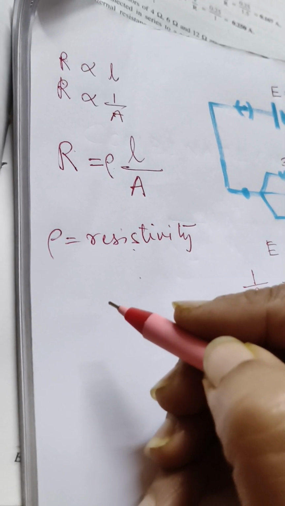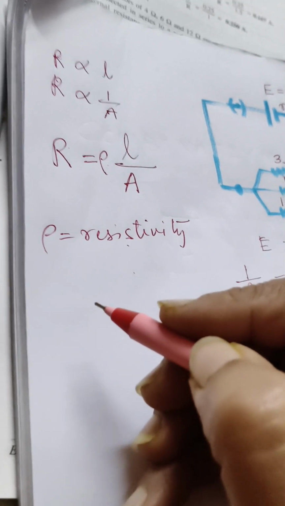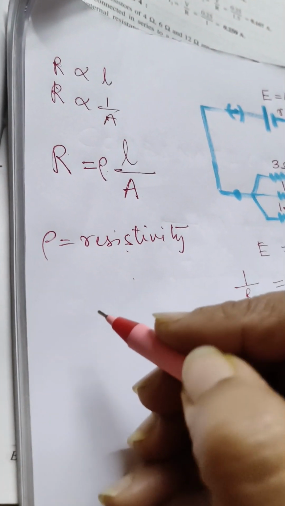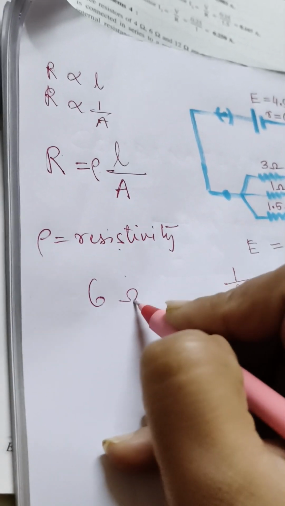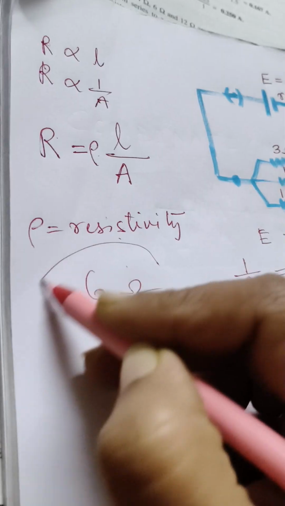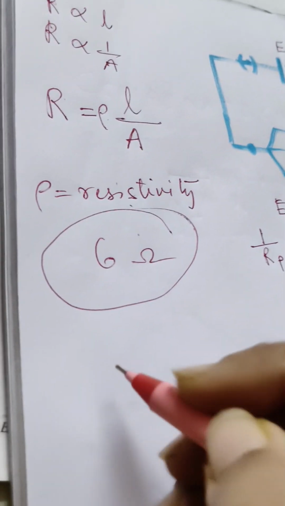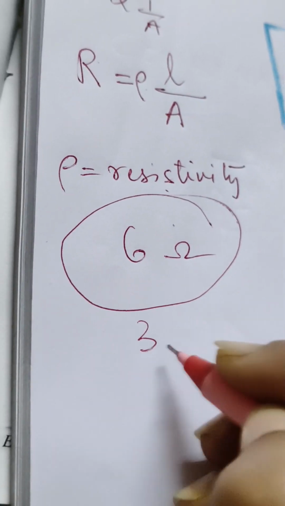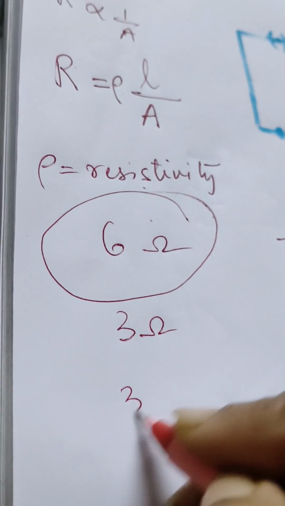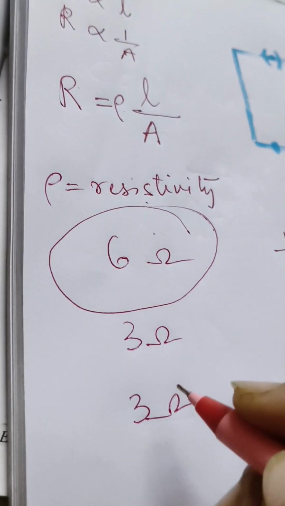if you are having a wire of resistance, suppose 6 ohm. You are having a wire of resistance 6 ohm, which is cut into 2 halves. That means 3 ohm and 3 ohm, and then connected in parallel.